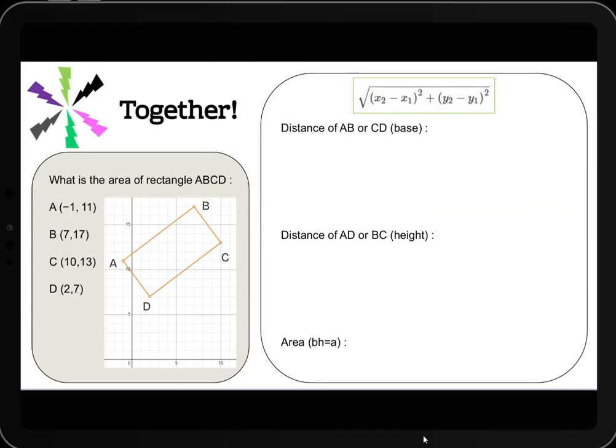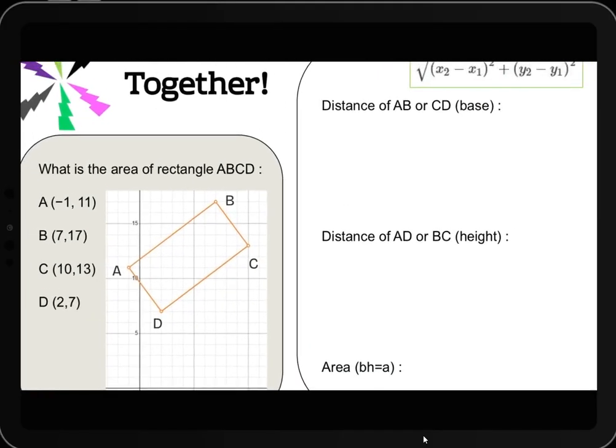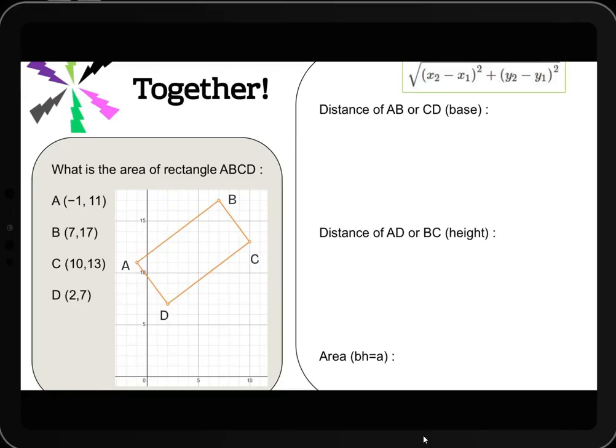So let's go ahead and do that. Now you have a choice on which one you want to find. For example, I think I'm going to go ahead and find AB versus CD. Okay, so AB, I'm going to go ahead and find that. I'm going to treat A as x1, y1, and I'm going to treat B as x2, y2. So to calculate AB using the distance formula, again, what I'm doing every time is I'm finding my x coordinates. So starting with x2, I have 7, and I'm going to subtract a -1.